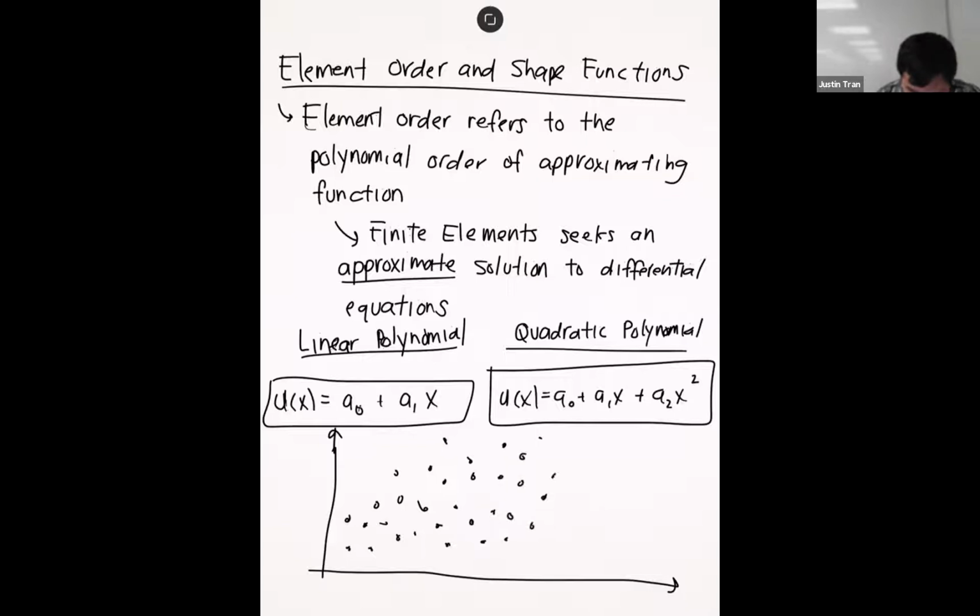For this one, I guess we have a particularly messy data set. A plot like this we call a scatter plot.